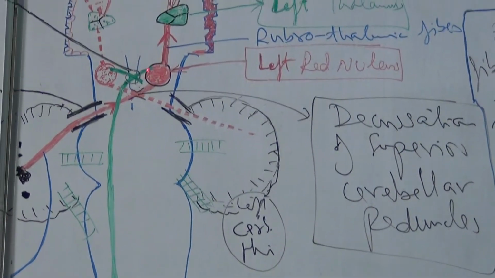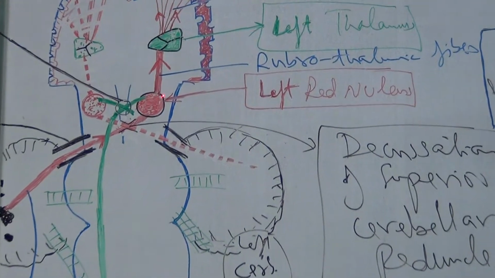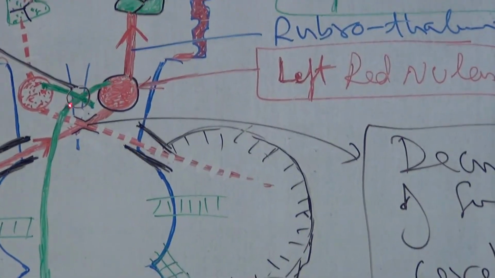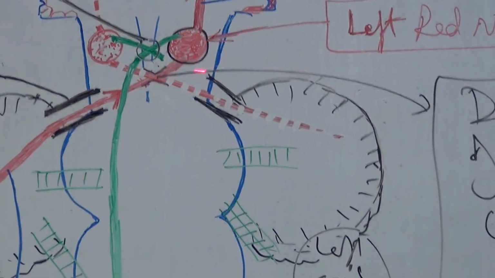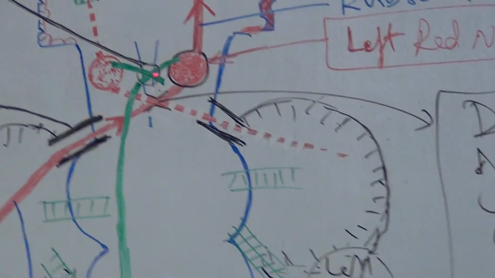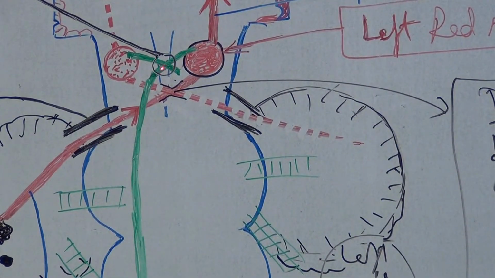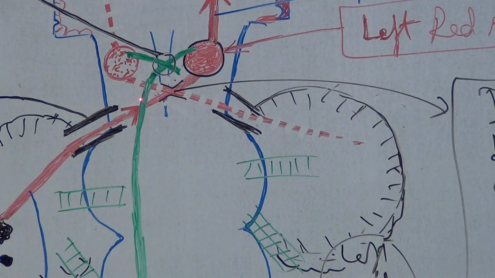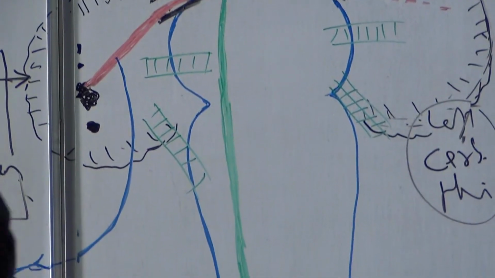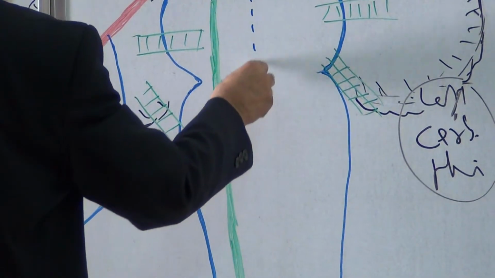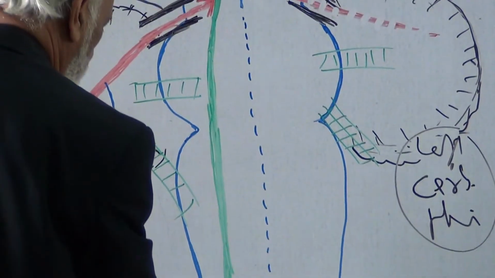The rubrospinal tract arising from the left red nucleus crosses at the ventral tegmental decussation in the upper part of the midbrain between the two red nuclei. It then descends through the opposite half of the brainstem, lower part of the midbrain, pons, medulla oblongata, and enters the opposite half of the spinal cord.